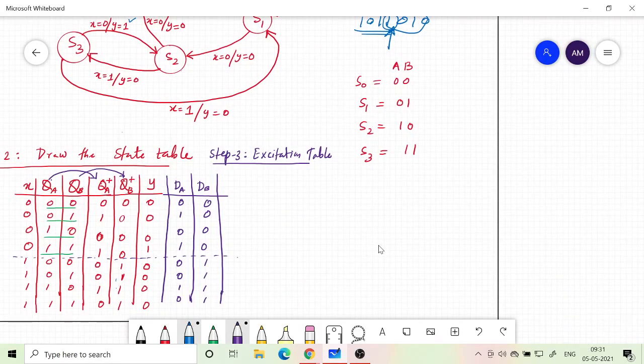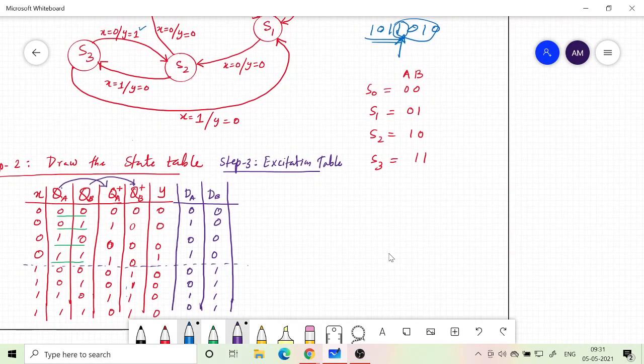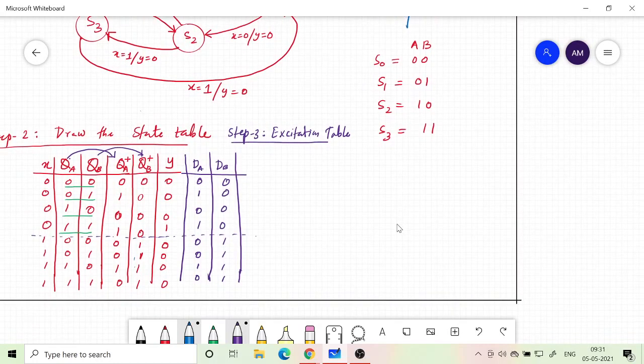Okay, so the final step is basically to come up with a circuit which will basically implement these DA and DB and also Y. Okay, so Y also involves a circuit. So there is a combinational circuit part.